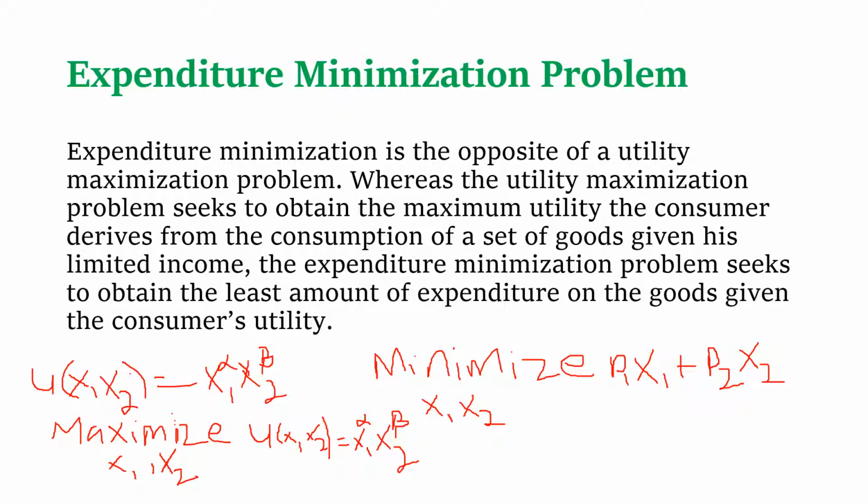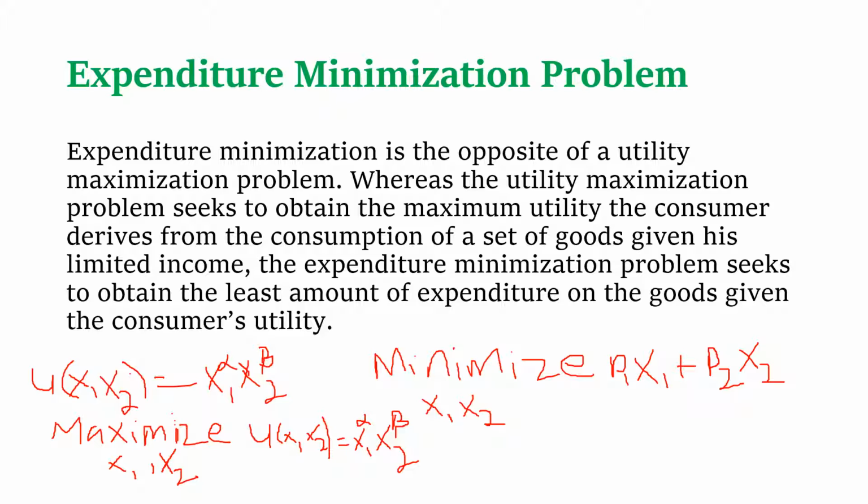So for the expenditure minimization problem, we are going to use the budget constraint, which is P1x1 plus P2x2. Remember in the previous lectures, we said the budget constraint is P1x1 plus P2x2 is less than or equals to M. It should not be greater than or equals to.